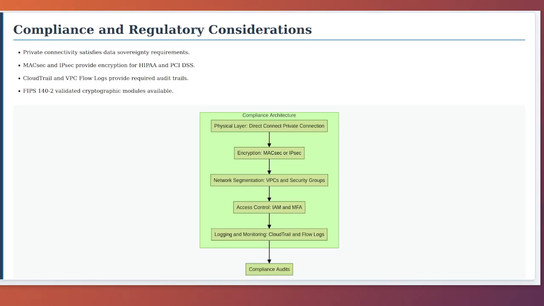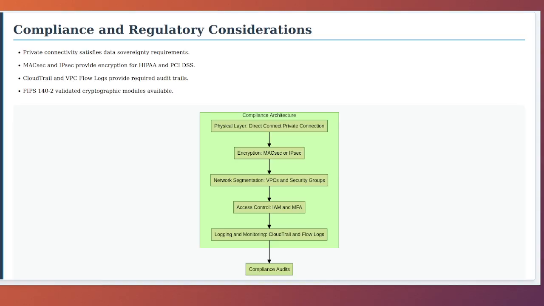Some regulations mandate that certain types of data must not traverse the public internet or must remain within specific geographic boundaries. Direct Connect provides a private connection that does not use the public internet, which satisfies many of these requirements. When combined with AWS regions located in the appropriate geography, you can ensure data stays within required jurisdictions.